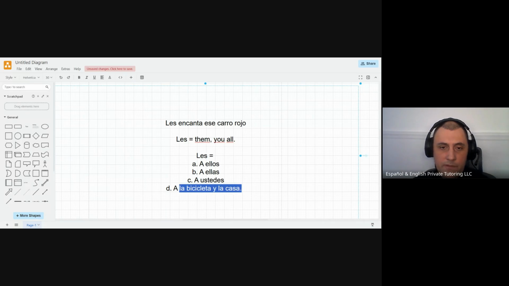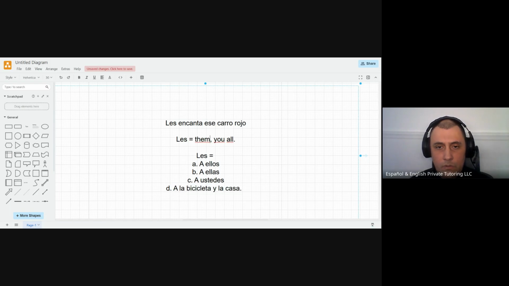In Spanish, we have pronouns to replace objects, but I'm not going to go into that now. You can use demonstrative pronouns to replace them, but I'm not going to go into that at this moment because that's part of another lesson.